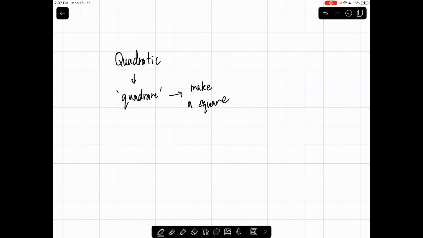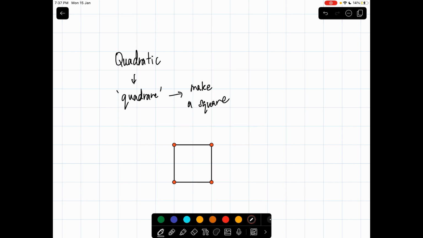So quadratic function, how it works is, for example, let's take a square. Alright, we have a square, and then assume that you do not know the exact value of its sides, so you just say x plus 2 and x plus 3, just like that.